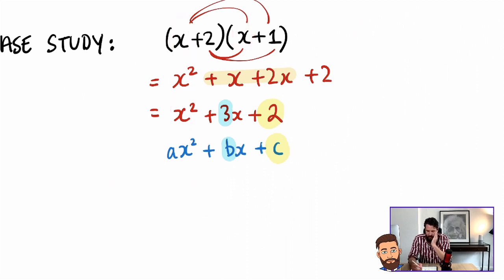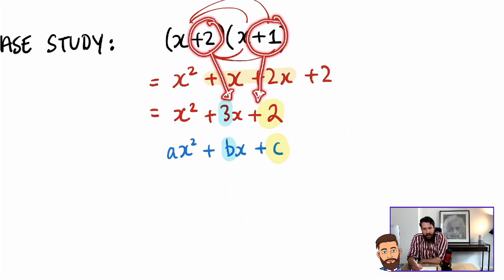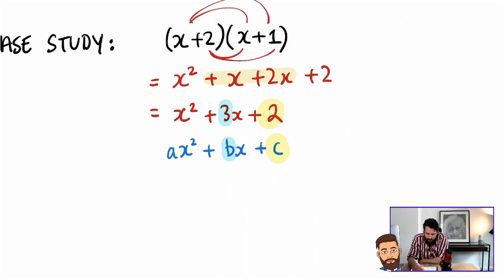The tricky bit is, what are these numbers here? They are the tricky bit to find because somehow they need to generate 3x and 2. Our two numbers in the brackets are 1 and 2. How does that map to the b and c values? Well, 2 add 1 is 3.